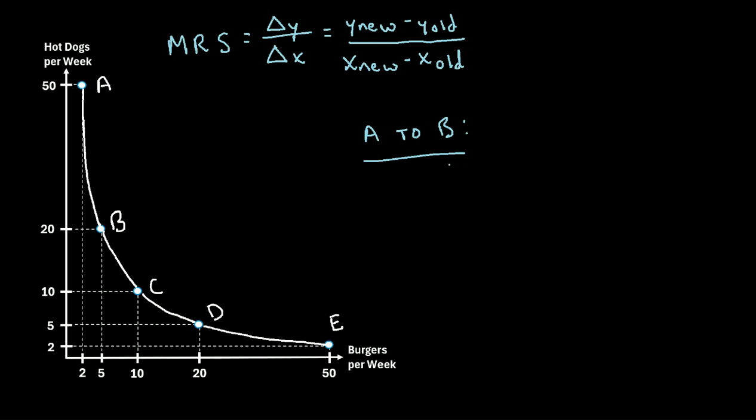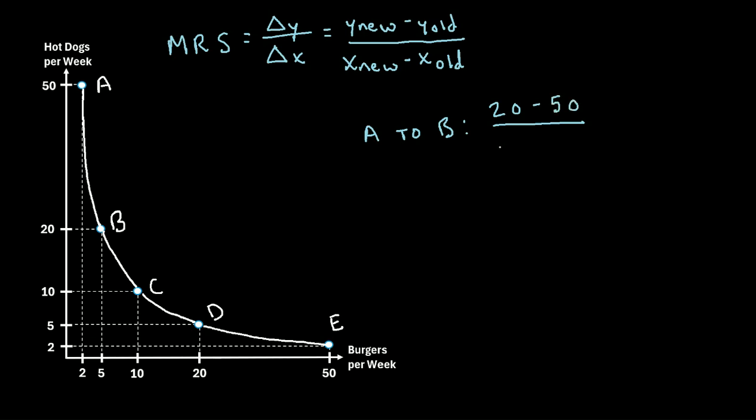So from point A to point B, all we have to do to calculate the marginal rate of substitution is take the new y value and subtract the old y value. So at point B, our y value is 20 hot dogs per week. So we have 20 minus the old y value. Well, the old y value was at point A, and we can see that's 50 hot dogs per week. So we'll say minus 50.